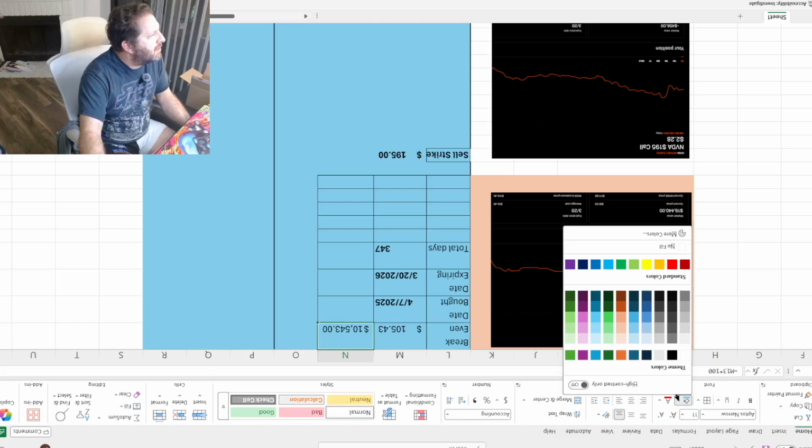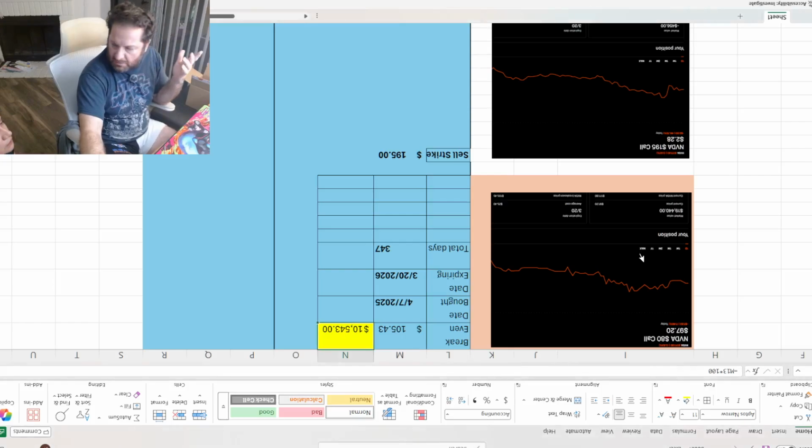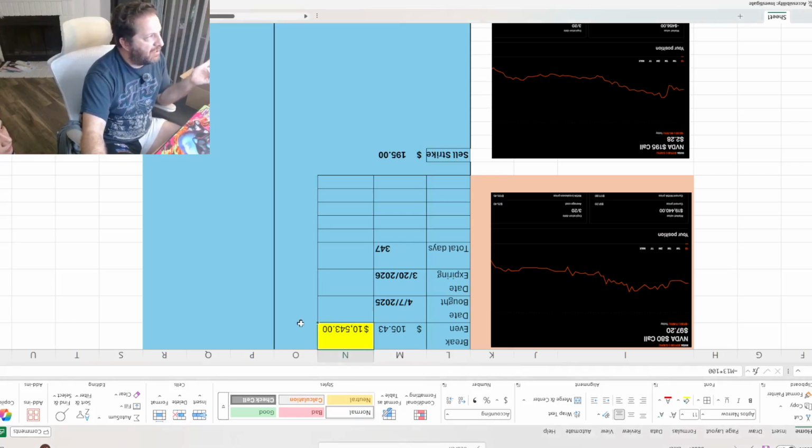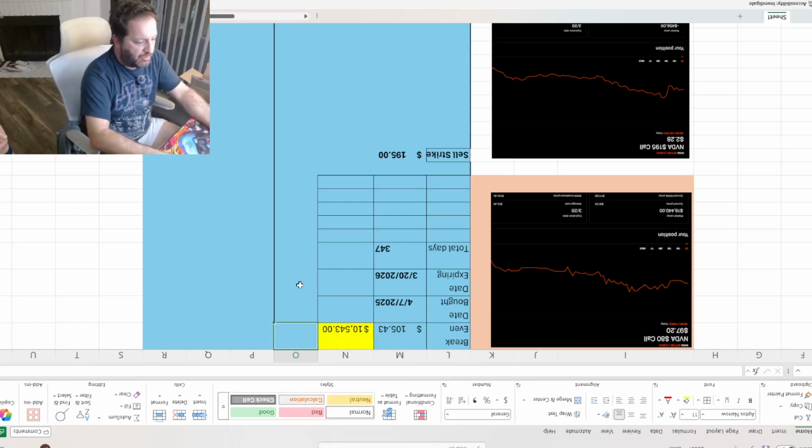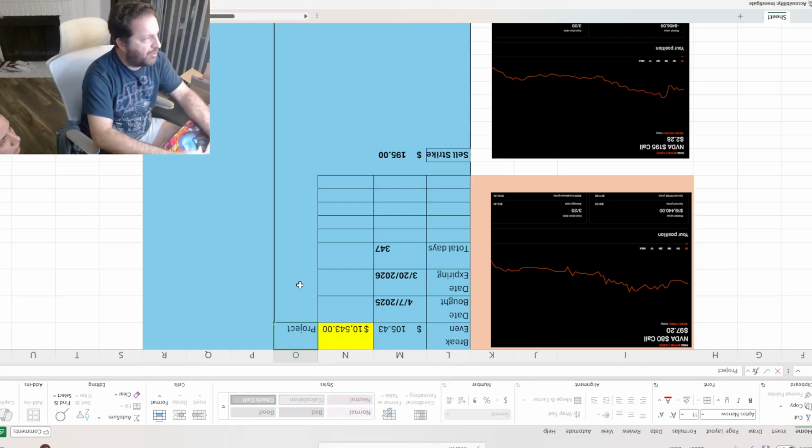Maybe you could put a little bubble note, but I don't know if you could do that. Let me just change the color to yellow. We'll do it right here. Projected break even.